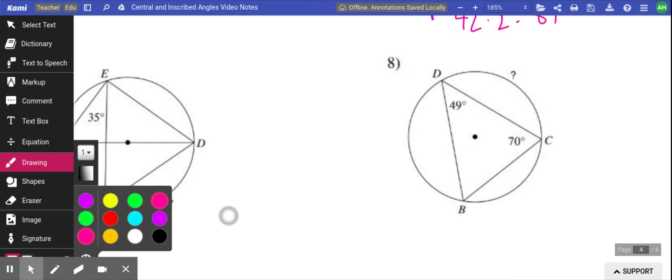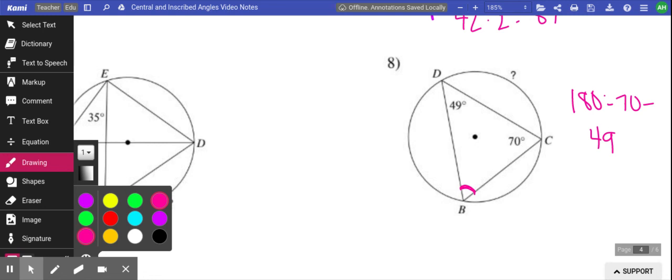So we have a triangle. How many degrees are in a triangle? Well, there's 180. So to figure out this one, we can take 180 minus 70, which is 110, and then minus 49. 110 minus 49 is, what is that?